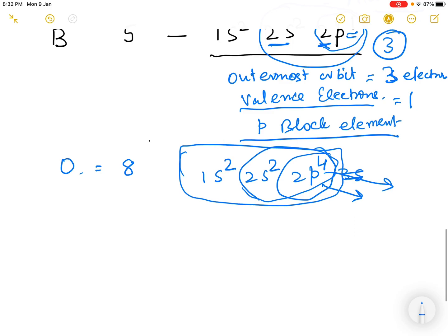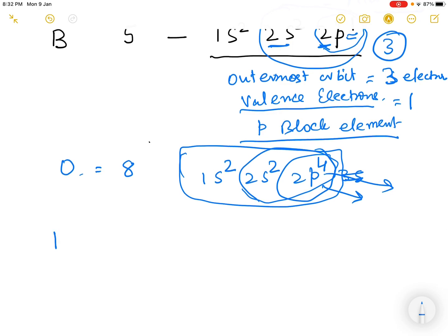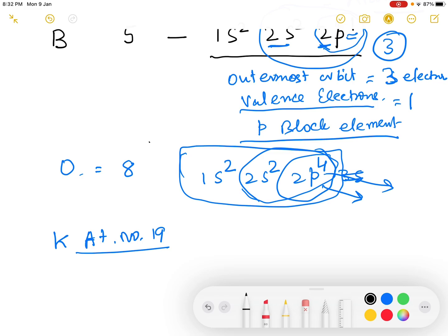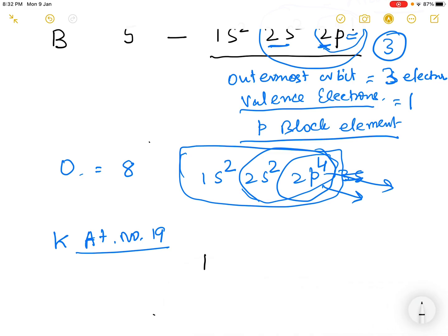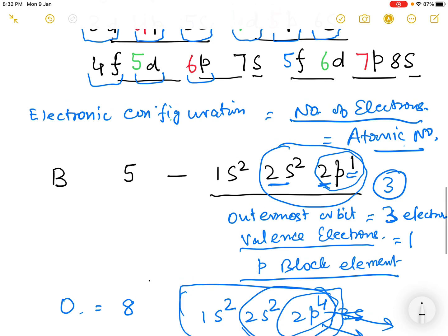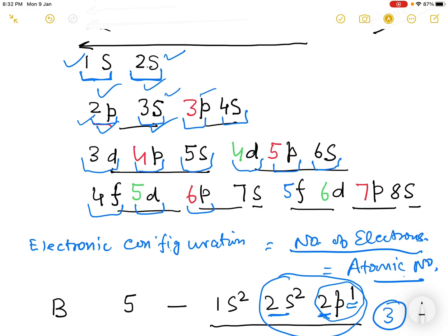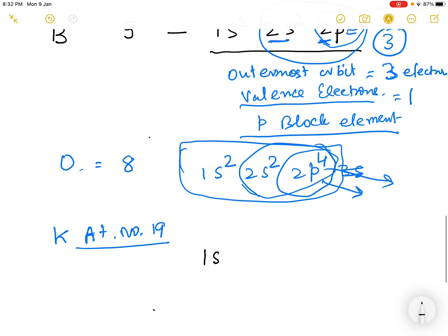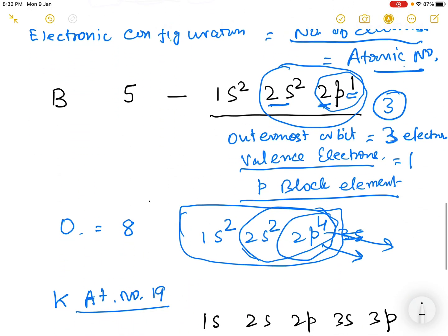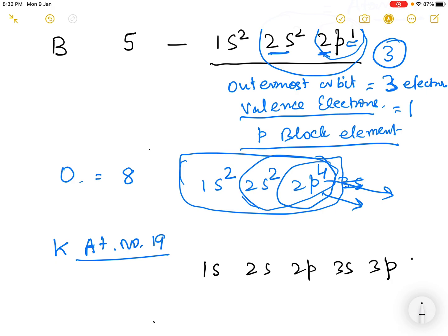So we can now come to K, potassium, whose atomic number is 19. So the number of electrons is also 19. Now here we write the series 1s, 2s, 2p, 3s, 3p, 4s.